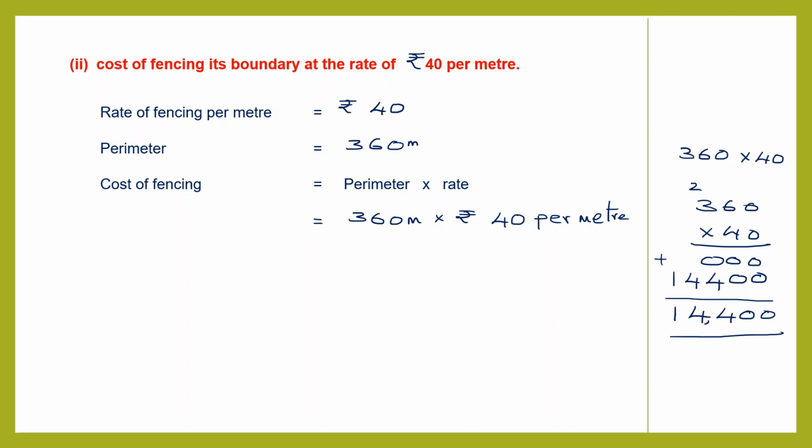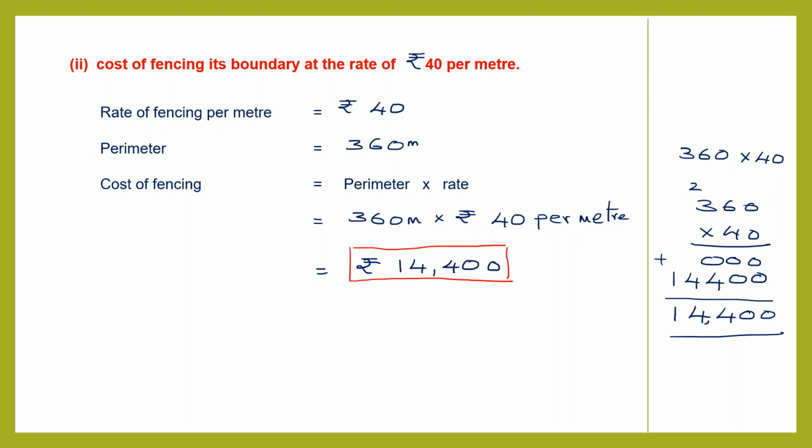So we've got 14,400, which is the cost. So we write the unit as rupees. So the cost of fencing is 14,400 rupees. So this is our answer, 14,400. You must remember when we are talking about fencing, we are talking about the perimeter. So that's why we have perimeter into the rate.